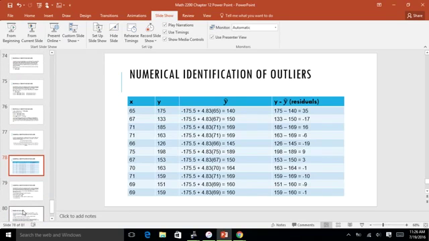For that data, I worked everything out by hand. Here are my X values, here's my Y, here's how I got Y hat. For this one in particular, I put in 65, which is my X value, and got 140. Then I did 175 minus 140, which gives me 35. So there are my residuals.